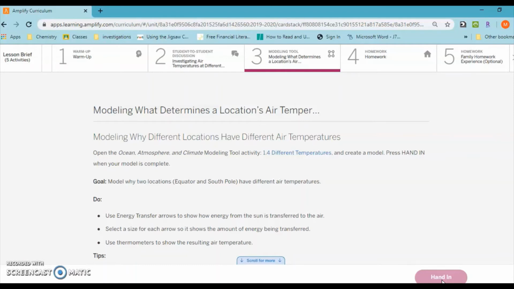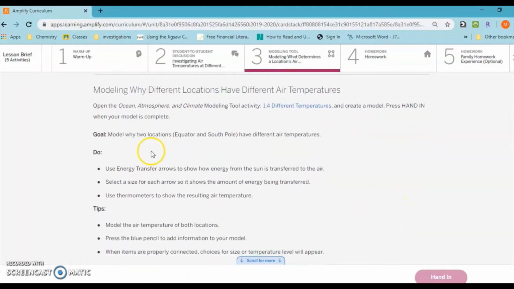Whereas towards our poles, it's getting that same amount of energy, but that energy is going to a much larger area. So there's less energy overall, right? We learned in our thermal energy unit that even though we're getting the same amount, how far the energy has to spread on the surface matters.